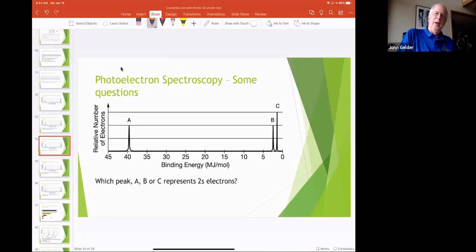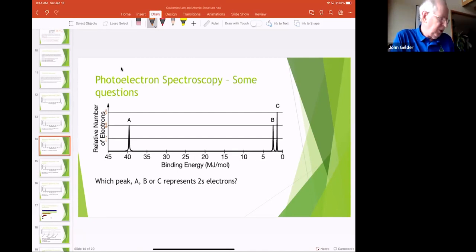Okay. All right. A job well done out there. So I agree. B would be the 2s electrons. And so your ability as students to recognize, when you were looking at a PES spectrum, that the numbers on the y-axis are, this is 1, this is 2, and this is 3.